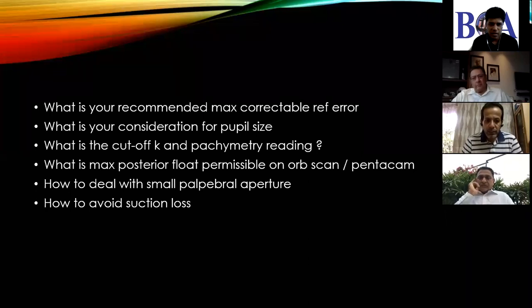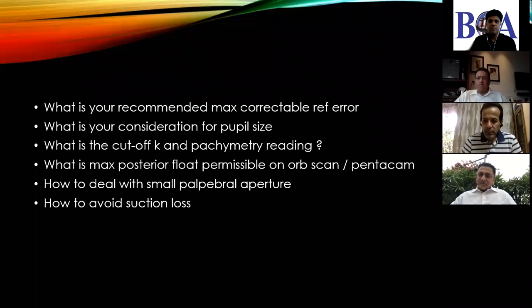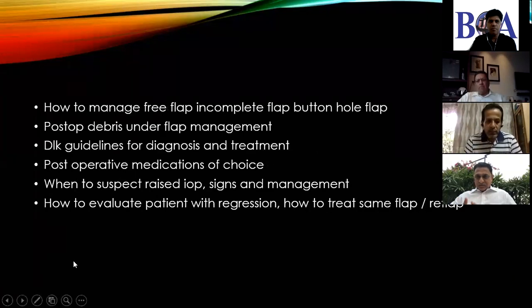Yes. Then the next common thing is for the beginners: how to avoid the suction loss, and what are the markers of knowing that you have got a suction loss. In a modern keratome, if you just follow the 2-3 points that come up, when you attach the suction ring, the pupil starts dilating, the patient starts to lose the vision, and some keratomes will give you a beep that your pressure is achieved.